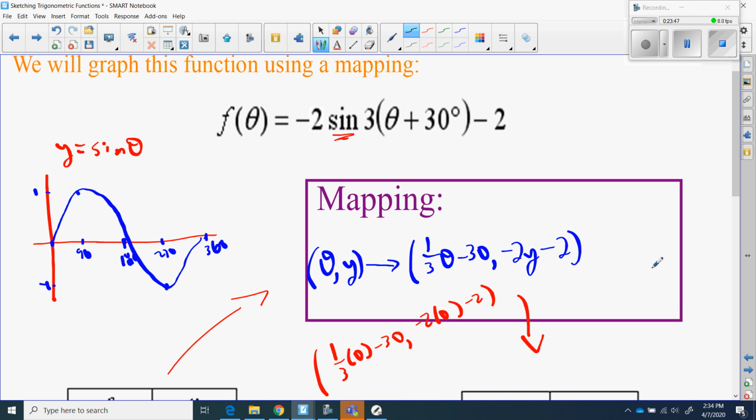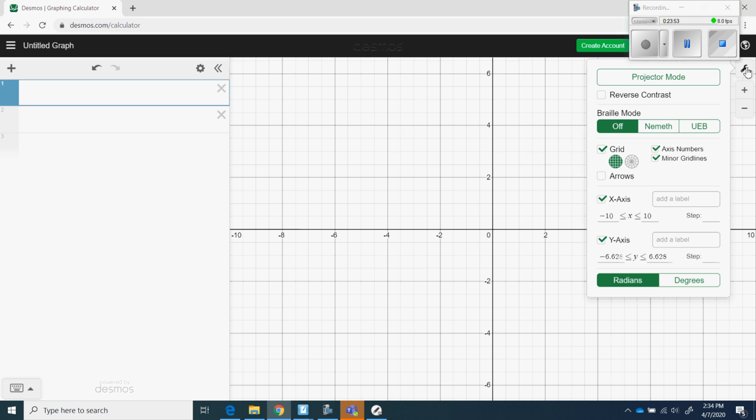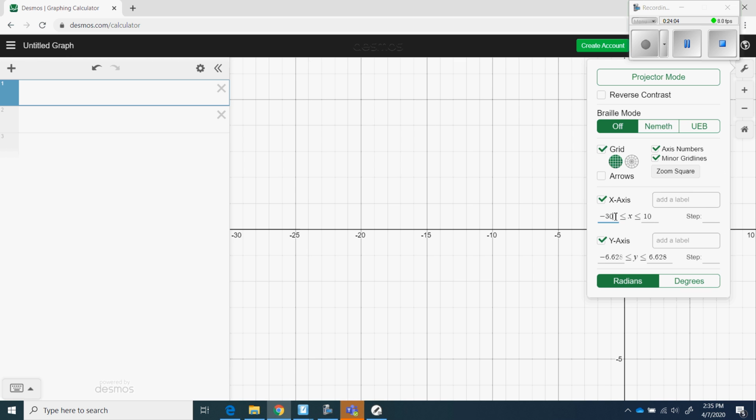All right, so I have Desmos all ready to go here again. So remember we talked about using this wrench to set up your graph. I want to basically make this graph look exactly like what I had on my smart file back there. So I want the x-axis, remember it started at -30. It was done at 90.